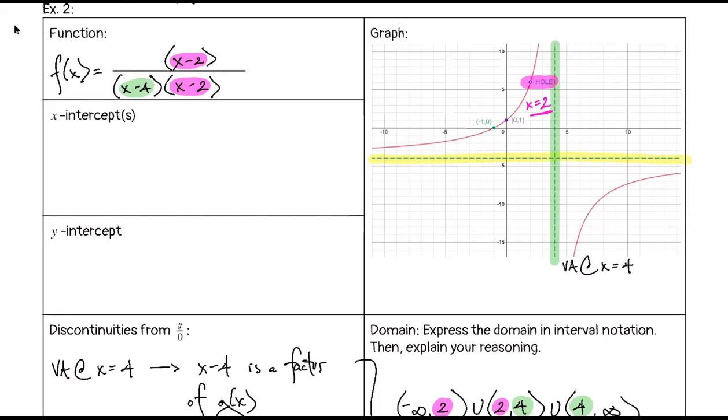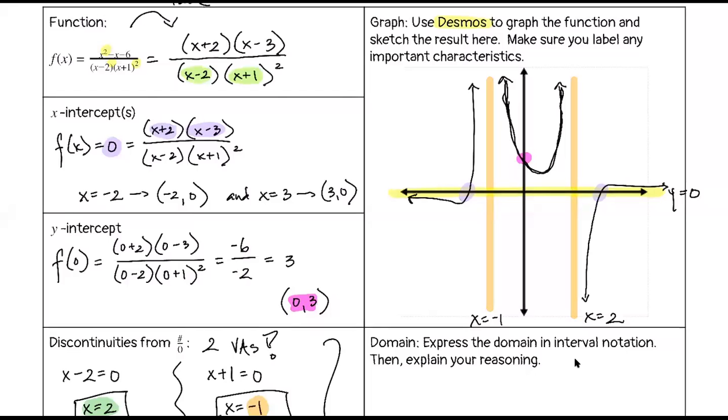Let's take a look at the x and y intercept stuff that we did. Okay, so let's go back up and look at example 1 for a moment. Which one of those gave us the factor in the top?